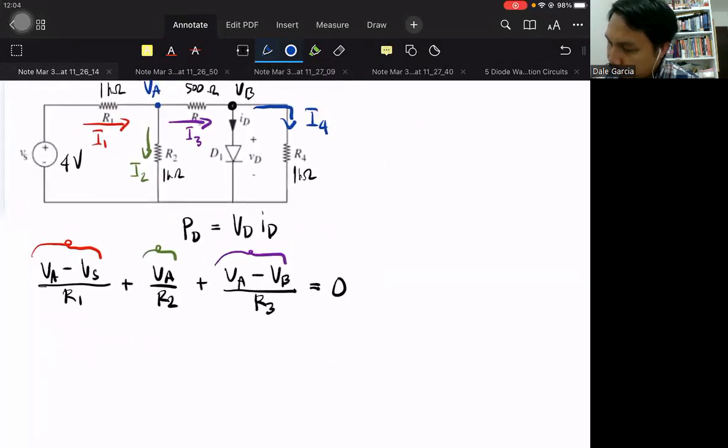Substitute the values. Only VA is unknown.